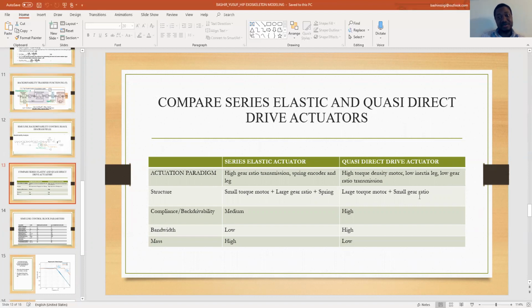In QDD, the back-drivability is really high because of a low resistive torque. But the bandwidth of SEA is low compared to quasi-direct drive. And the aim is that you don't want any model that you are creating to be bulky. You want the people that are wearing it to be able to wear it comfortably.